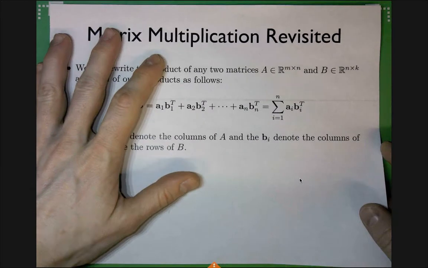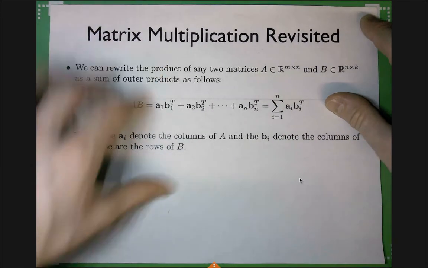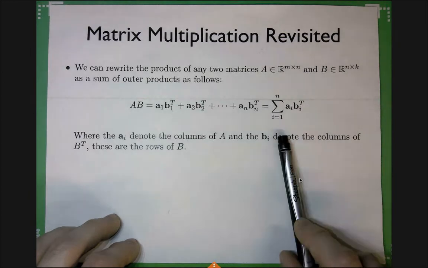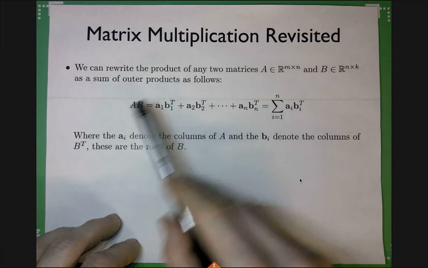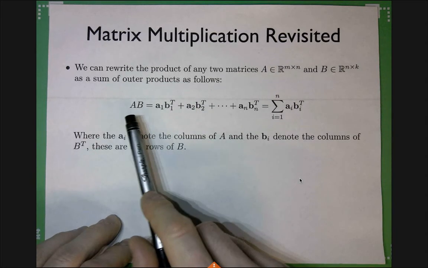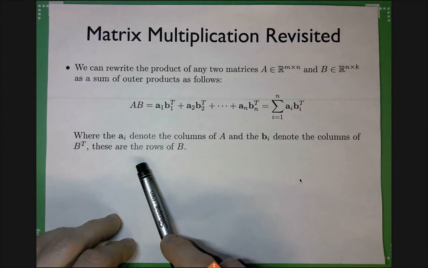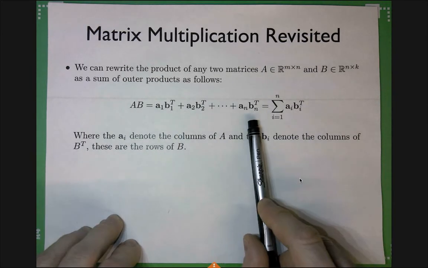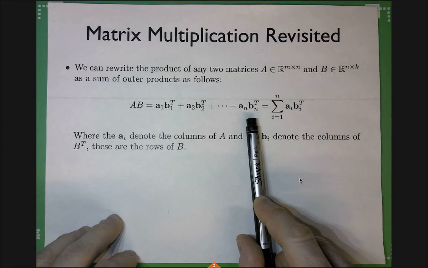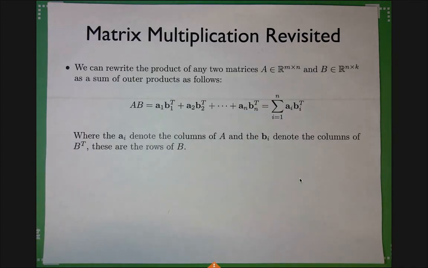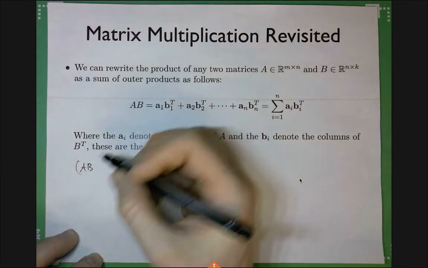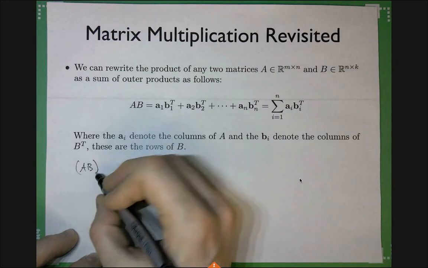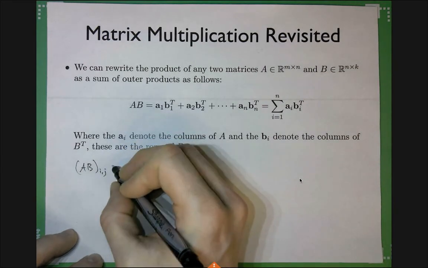Another way we can look at it is by looking at a different way to write out the matrix multiplication formula. That's called the outer product, or a sum of outer products. So matrix multiplication, you can understand it as dot products or a sum of outer products. It's quite simple: if I have two matrices that are m by n and n by k, so I can multiply them, what is the i, j component of the result?